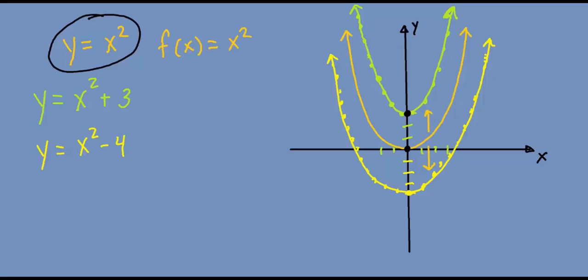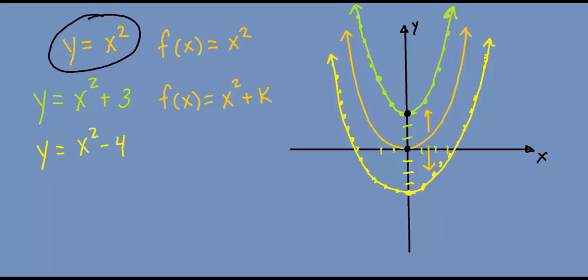So if we call that thing we're adding to the x squared k, for some reason textbooks like to use that letter k, it could be any letter, k stands for some number you're adding to x squared. So here k is plus 3, here k is minus 4.